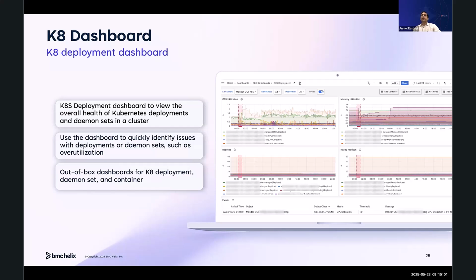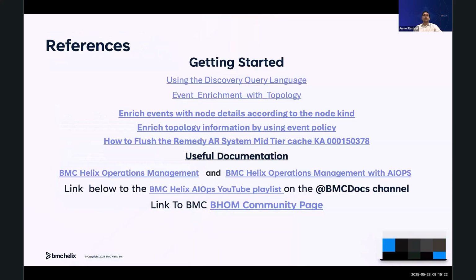Also, there are container specific dashboards and pod specific dashboards. So all these dashboards are available out of the box for more visualization. So please use that. And with that, my session is coming to an end. Thanks everyone for joining, and I will hand it over from here to Prachi.